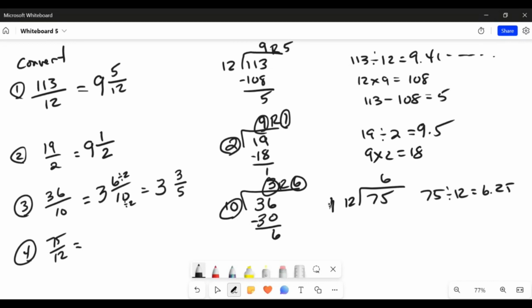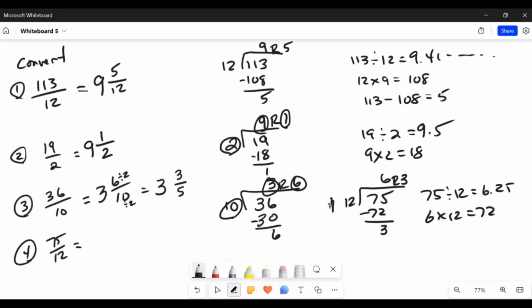That means the whole number part is 6. So then I take 6 times 12, and we get 72. So 6 times 12 is 72. When we subtract, we get 3. So we have a remainder of 3.